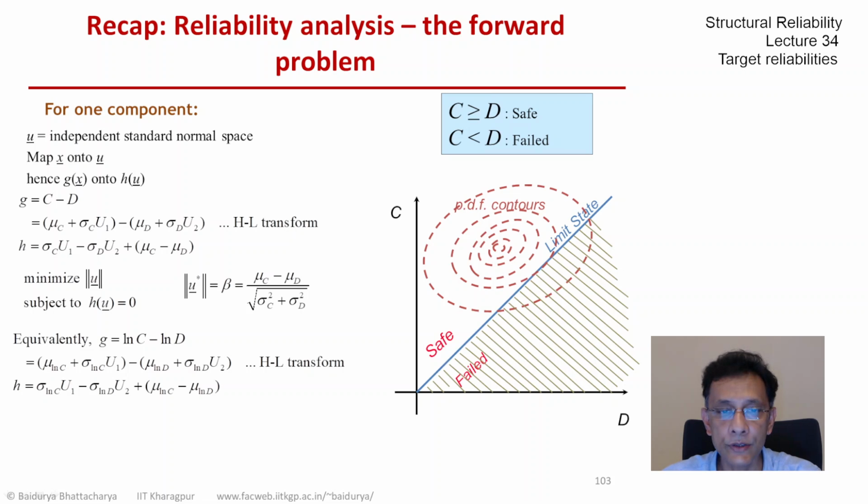In many texts, you would also see G being expressed in the log space. So instead of C minus D, we could have log C minus log D, which would make sense if C and D were log normal random variables.